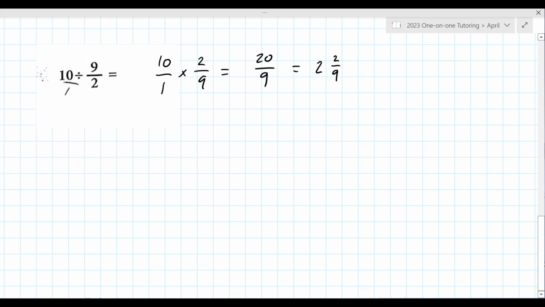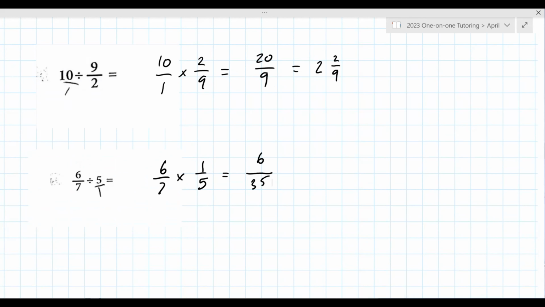Yes. Okay, and then the next one, 6 sevenths times 1/5 equals 6/35. Okay, nothing to do there. So these are the nice ones.